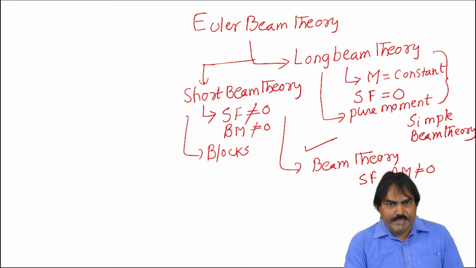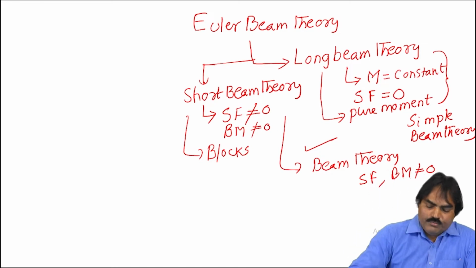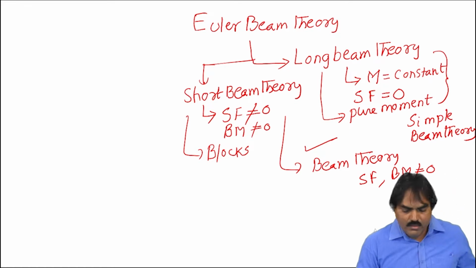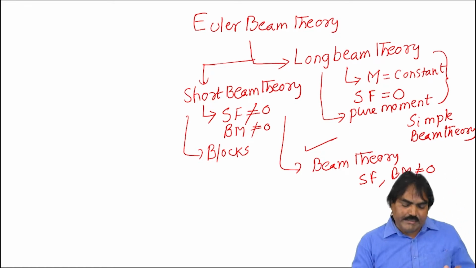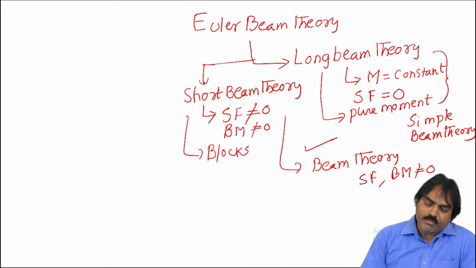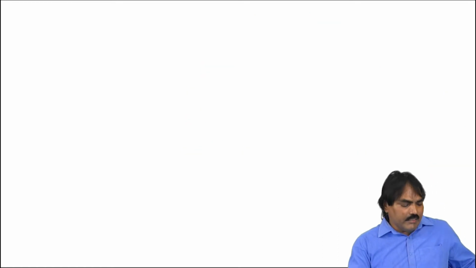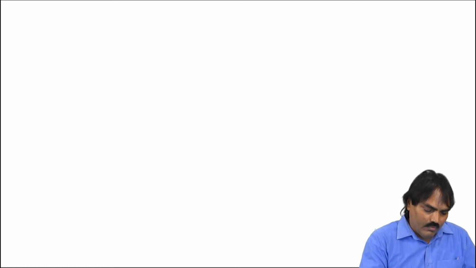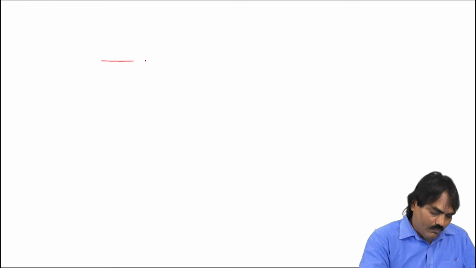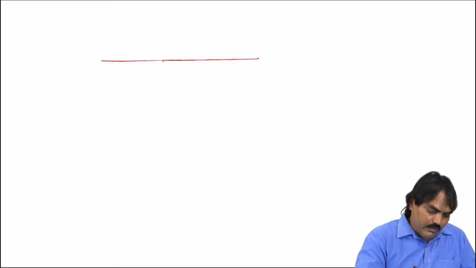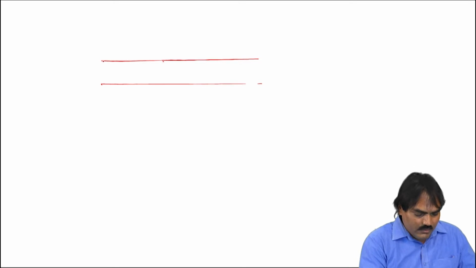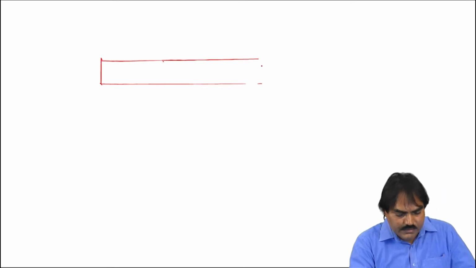So, first, Euler has taken a beam, then he has given some notations for the beam. Then, when the beam is subjected to a moment or transverse loads, the beam undergoes bending. So, I will consider a beam. Let us consider a simply supported beam, or we can say even a cantilever also. This is the beam.